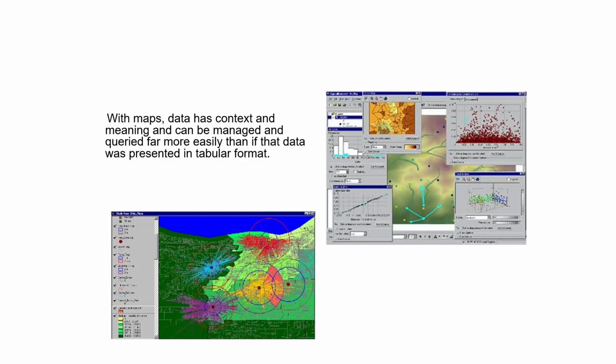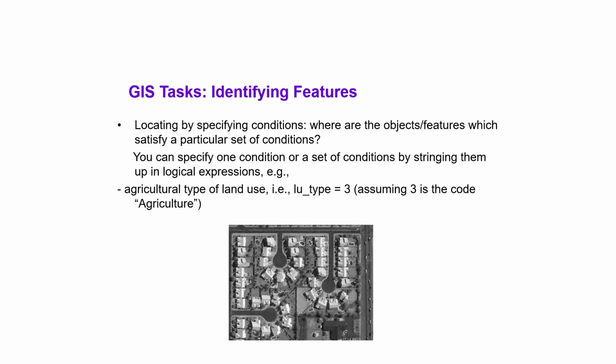With all these maps, data has context and meaning and can be managed and queried far more easily than if the data was presented in tabular format. Another important task is identifying features, locating by specifying conditions: where are the objects or features which satisfy a particular set of conditions.